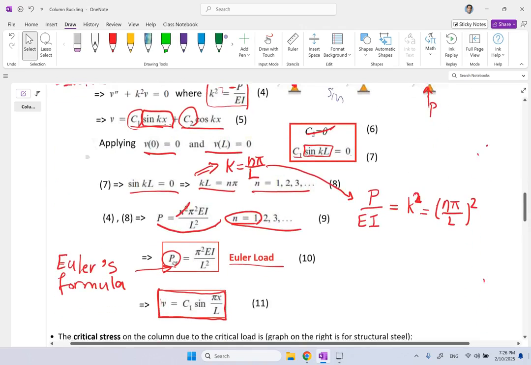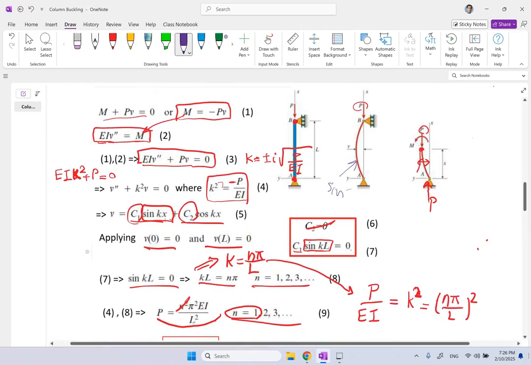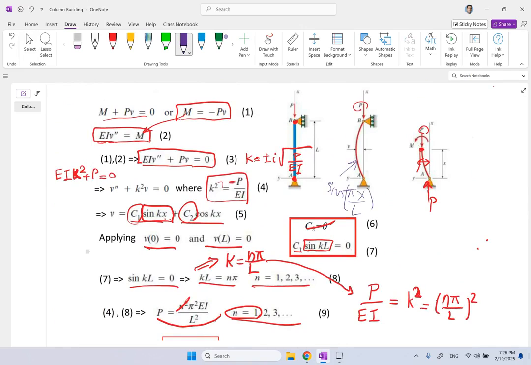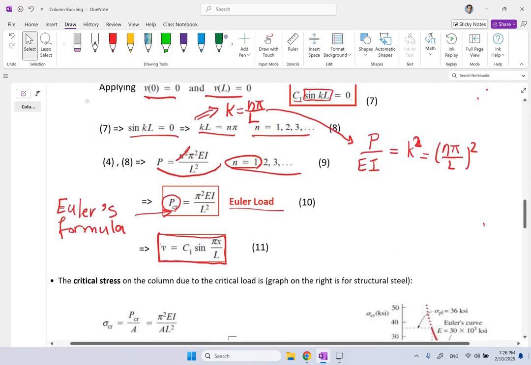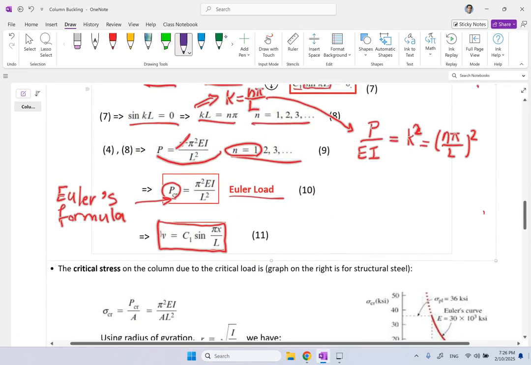Sine of what? Sine of pi x over L. Is that correct? Well, plug in x of 0, it's sine of 0, 0. Plug L in it, it's sine of pi, it's also 0. So you see both boundary conditions fit this function. So the shape of the buckling is a sine function, and the critical load is pi squared EI over L squared.